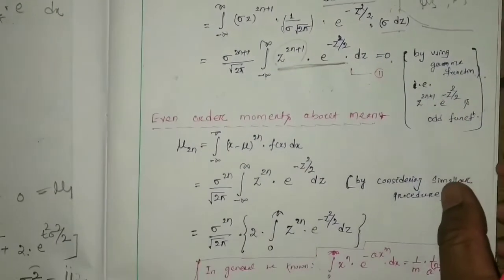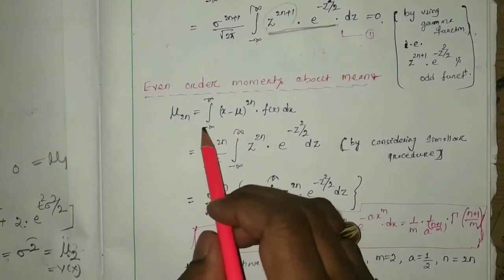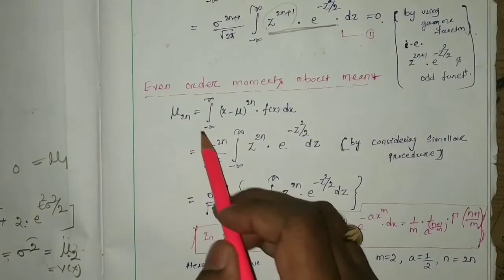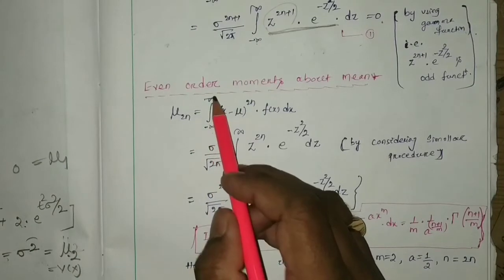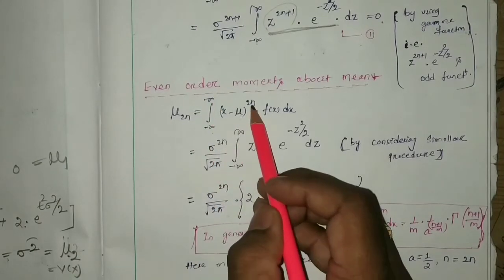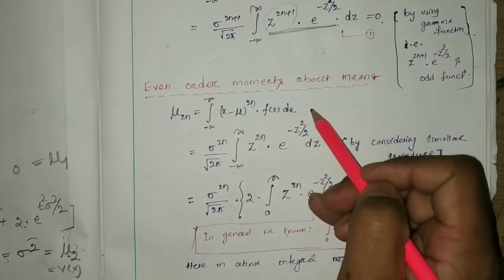Now we have to consider even order moments about the mean. That means mu 2n, so it will be minus infinity to plus infinity of x minus mu to the power 2n into f(x) dx, right?